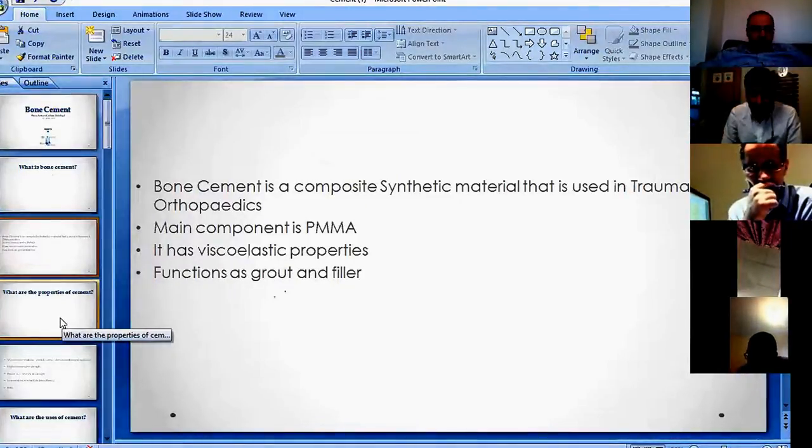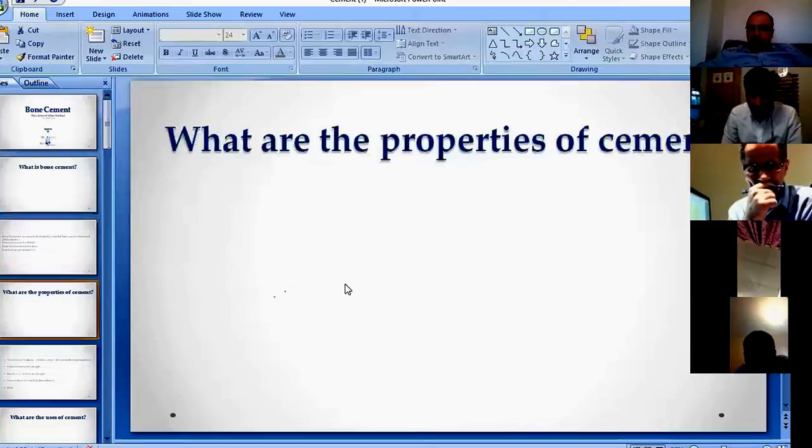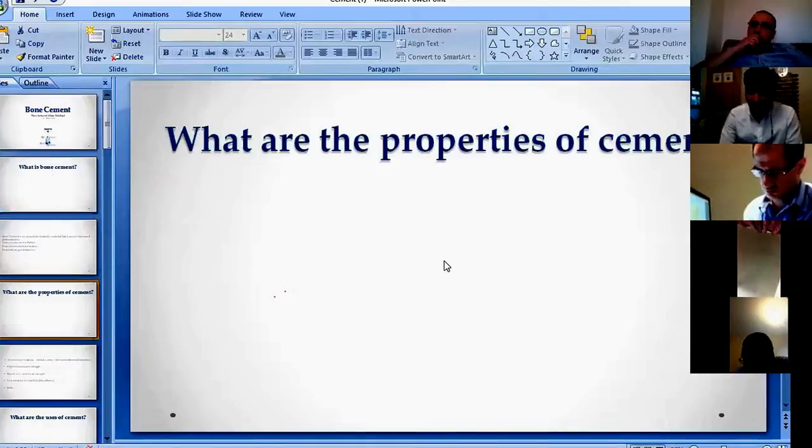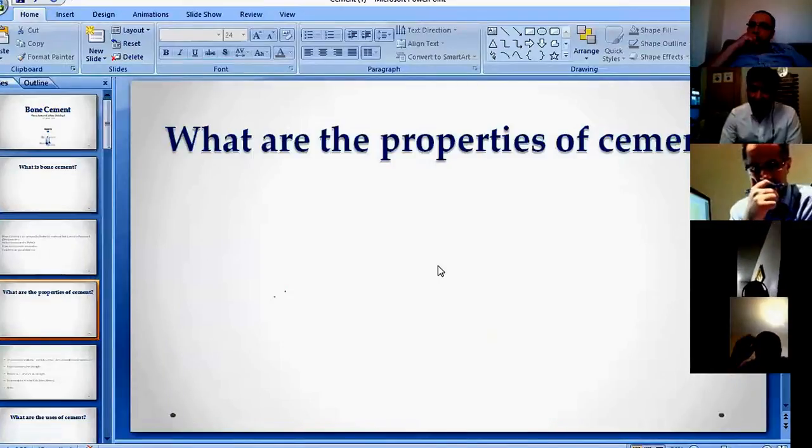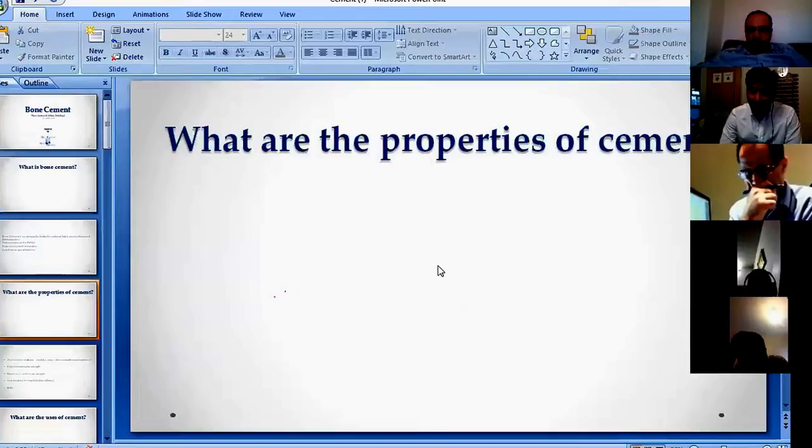Now, can you tell me, what are the properties of bone cement, please? So the properties, as I explained, it has the mechanical properties: poor tensile strength, moderate shear strength, strong in compression, it is brittle, it is notch sensitive, it has a Young's modulus between cortical and cancellous bone, and it undergoes creep, stress relaxation, and exhibits hysteresis, which are viscoelastic properties.